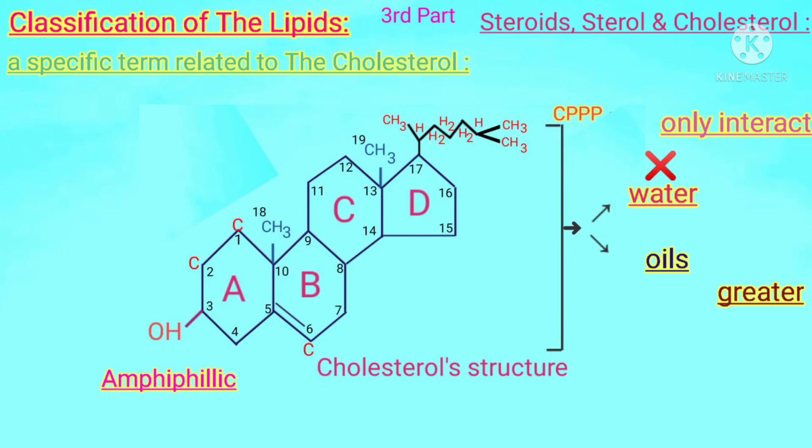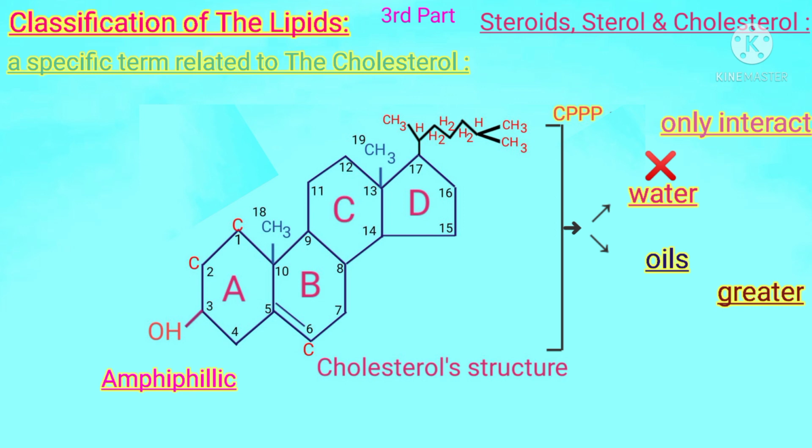Lastly, students, as a short summary, steroids are non-polar organic compounds which have a specific structure, the cyclopentano perhydrophenanthrene ring structure. If we add a hydroxyl group to this CPPP ring, it will become a sterol.